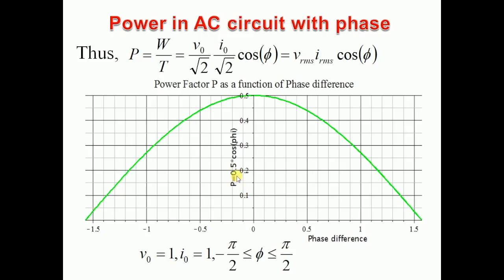Here I have tried to show 0.5, meaning 1 by 2 into cos of phi, and phi runs from minus pi by 2 to plus pi by 2. So as you go towards pi by 2, the power in the circuit goes on reducing, and at pi by 2 it becomes 0, and this function is symmetric about the y-axis.